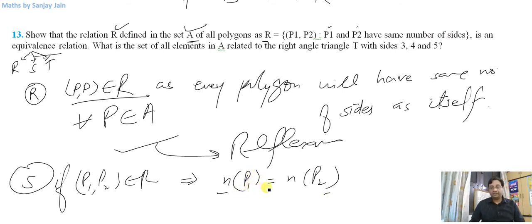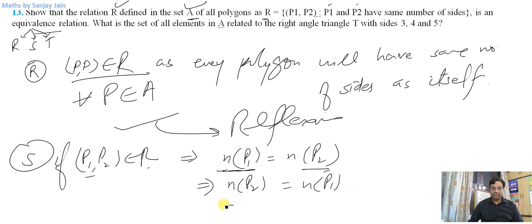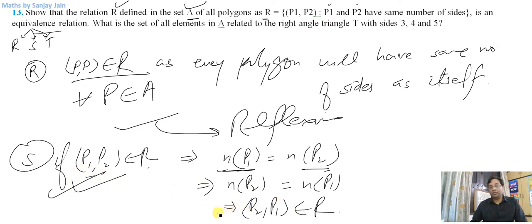So if number of sides of P1 is equal to number of sides of P2, can I say number of sides of P2 is equal to number of sides of P1? Yes. And if it is true, then P2 P1 belongs to this relation R. So it is symmetric because P1 P2 belongs to R implies P2 P1 belongs to R, hence it is symmetric.